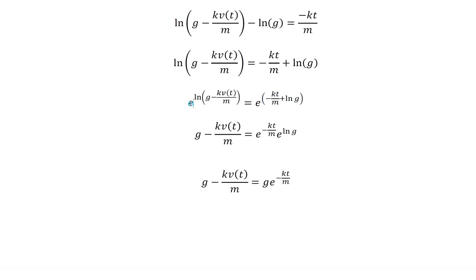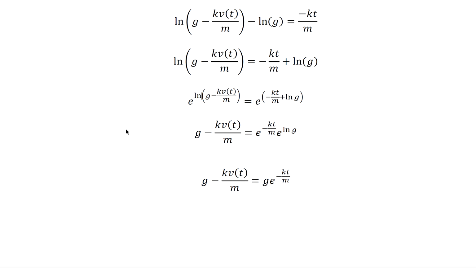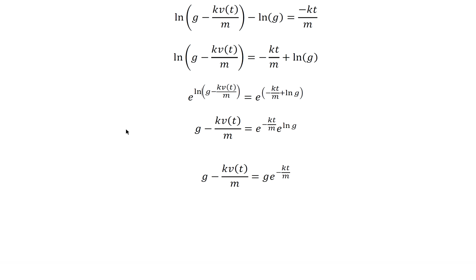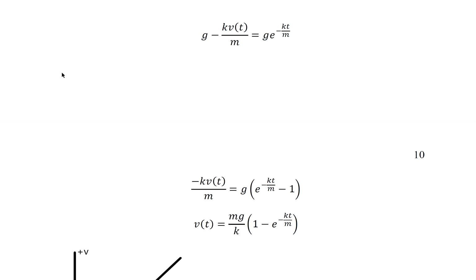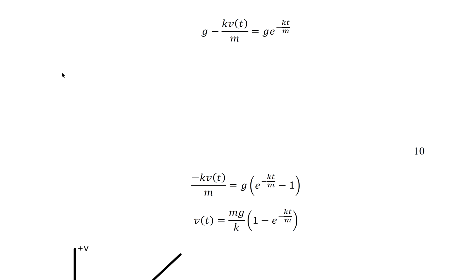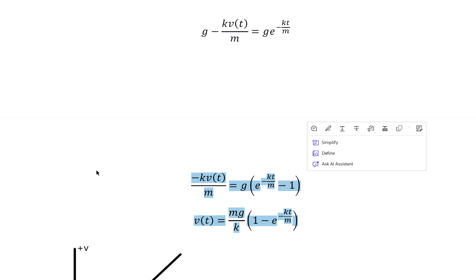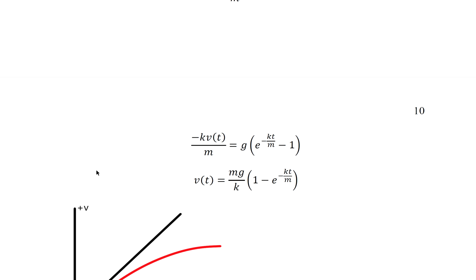And you could see on the left side, e to the ln goes away, and e to the ln of g just becomes g. So then rearranging, we put g on the other side to get this equation. And then we just solve for v of t.